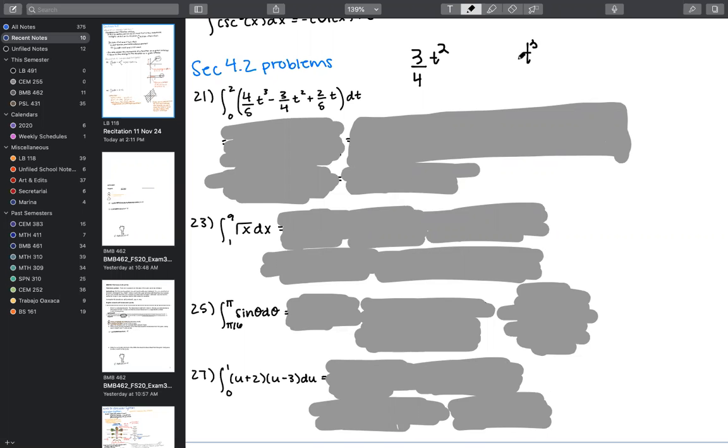So it would have been 3t squared. If the original function, or this aspect of the original function, was just t cubed, then the derivative would be 3t squared. Well, we've got this 1/4 to account for. And so that is what this aspect of the antiderivative looks like.